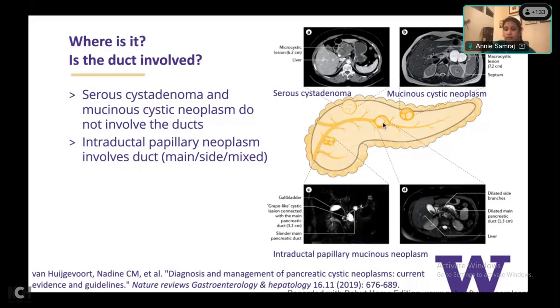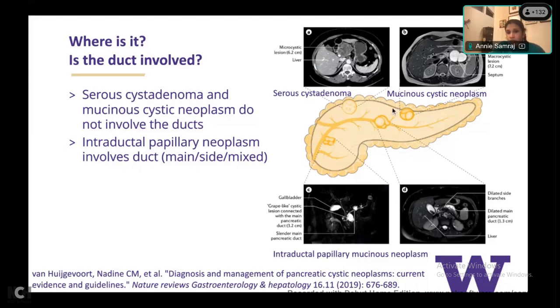When you're grossing the pancreas, it's important to identify whether the tumor arises from or involves the duct system. Does it involve the main pancreatic duct or the side duct? You'll have this information from the radiology as well. These are all pertinent details to understand before we gross the specimen.